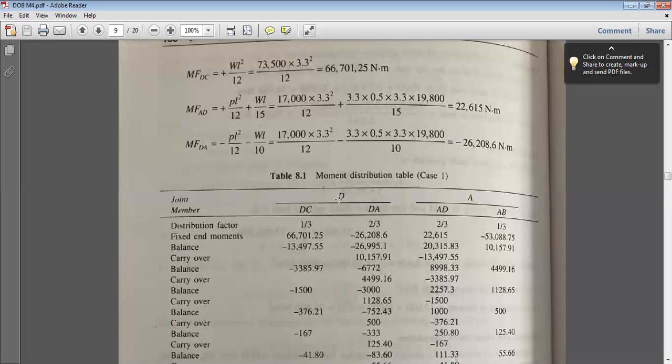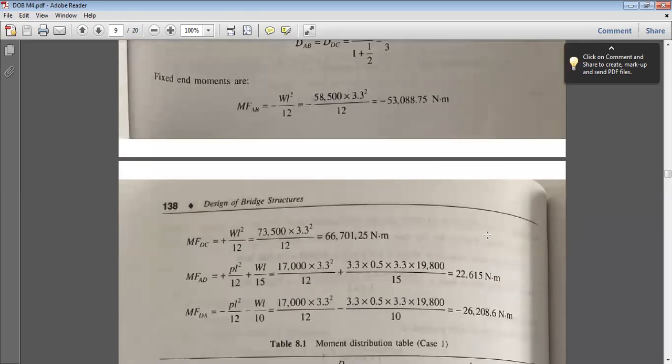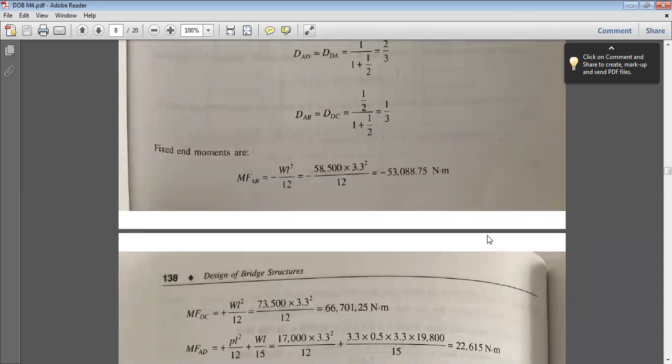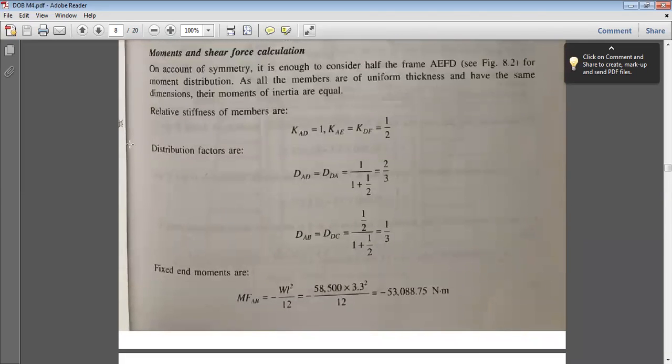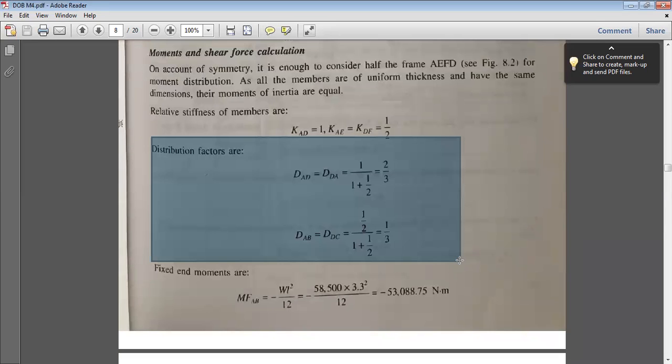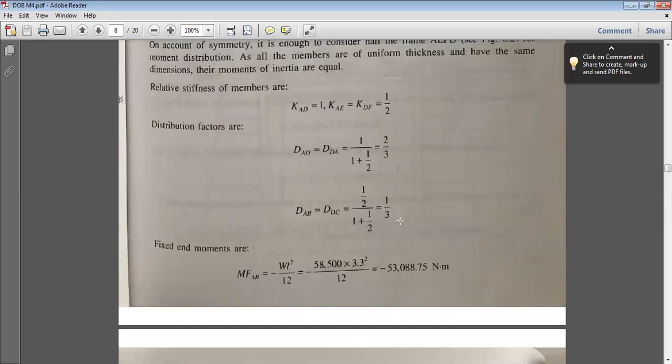Joint members at D we have DC and DA, at A I have AD and AB. So distribution factors are 1/3, 2/3, 2/3, and 1/3. You have studied it in SA2, right?